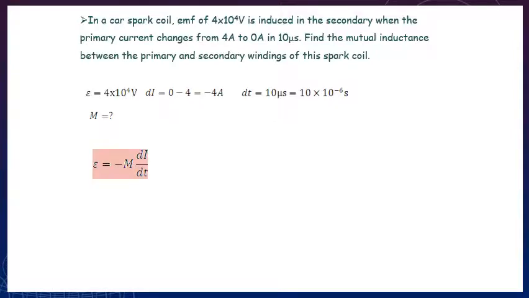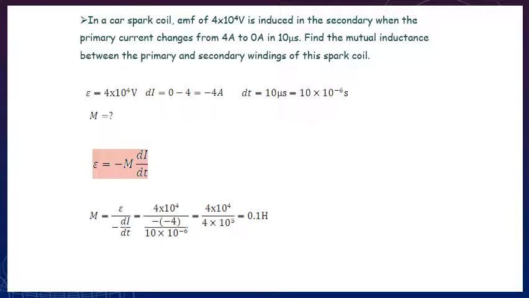So we have the formula EMF is equal to minus M di by dt. So M is equal to, keep M on one side, take minus di by dt to the denominator. It will go to the denominator, complete term. So M is equal to EMF divided by minus di by dt. So substitute the values.